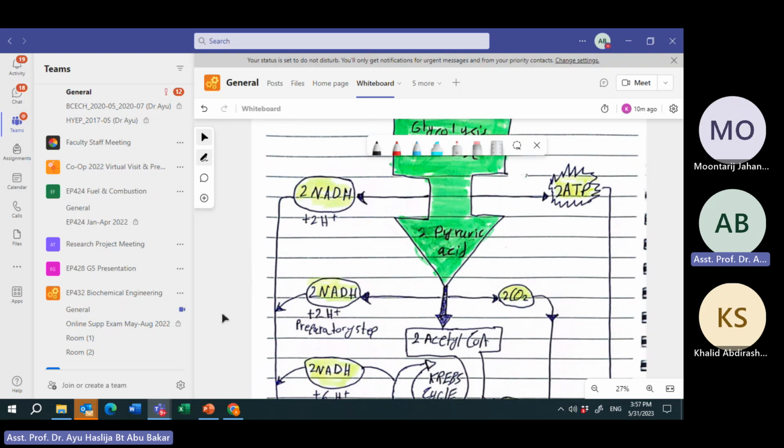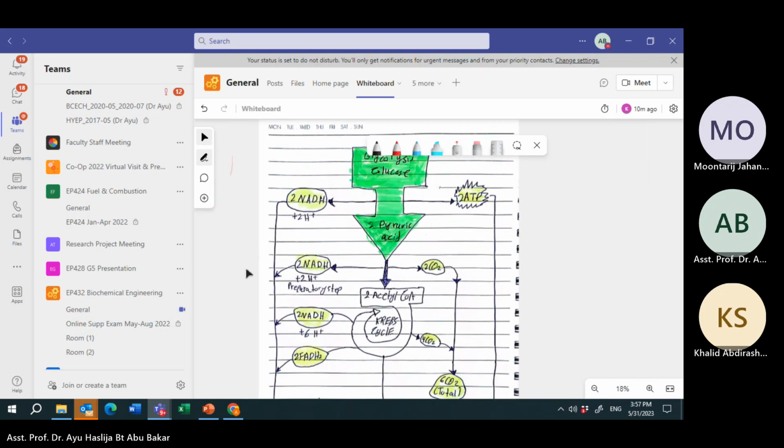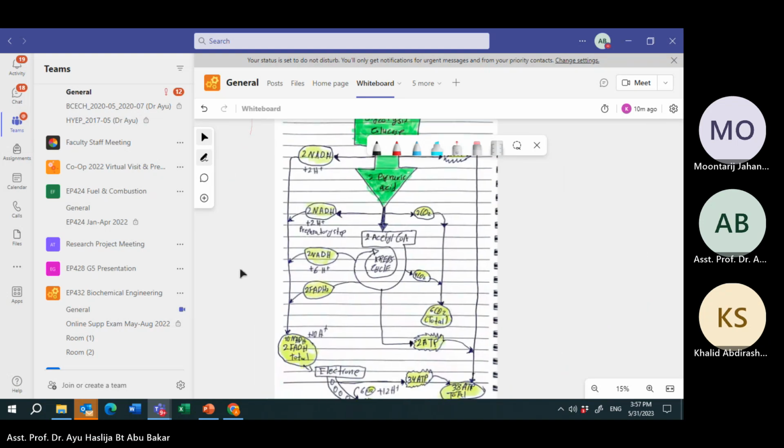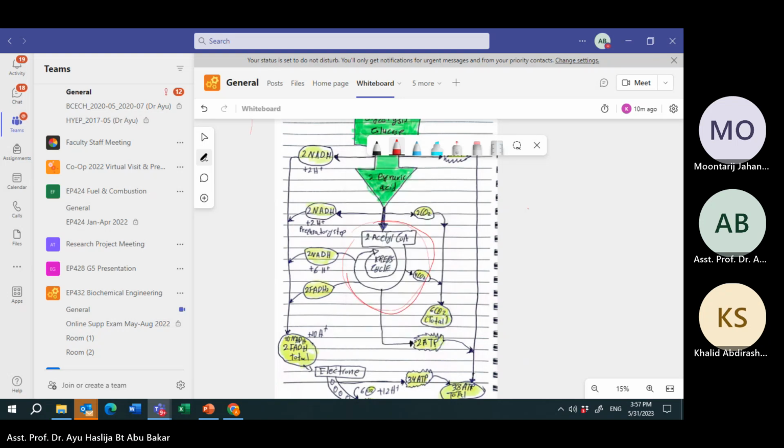Where it involves the Krebs cycle. Okay, so it involves the Krebs cycle over here, then moving forward to the electron transport stage.